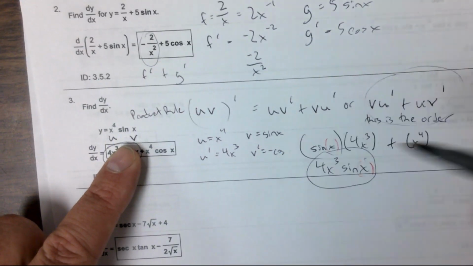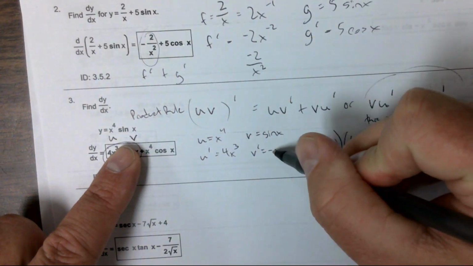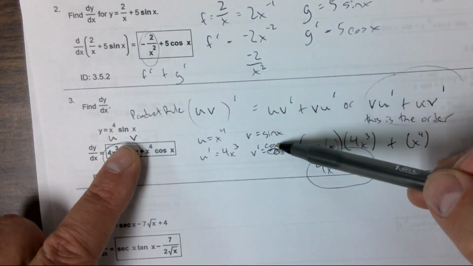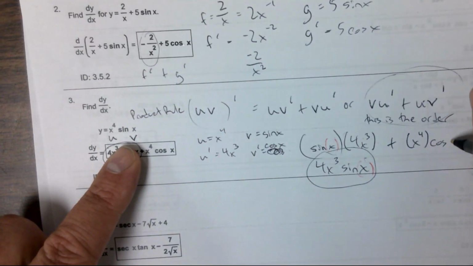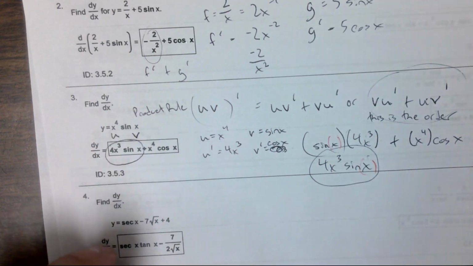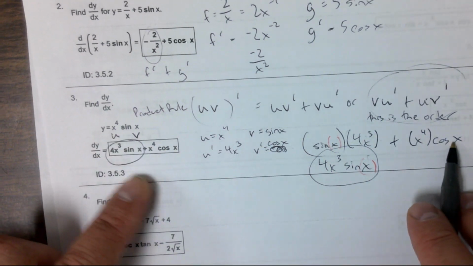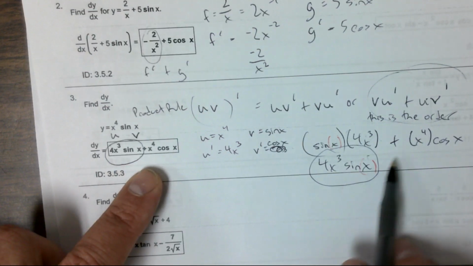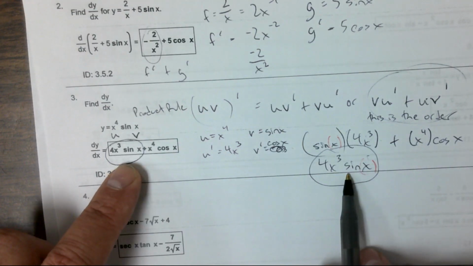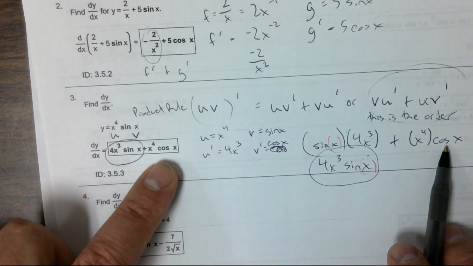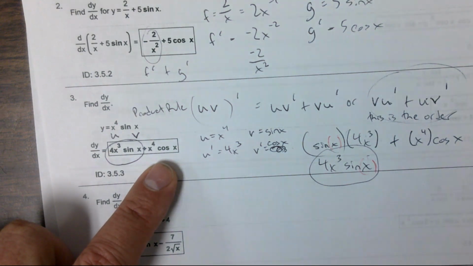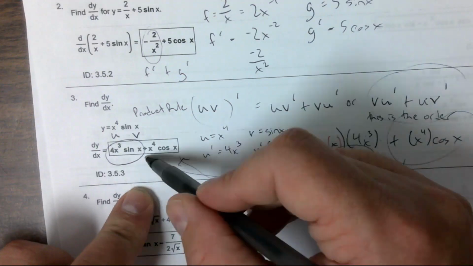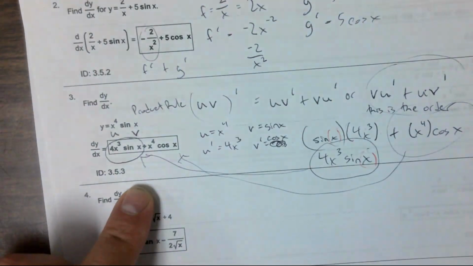Wait, derivative of sine is positive cosine x. And so that's cosine x. And so that's already in the proper order. So we have 4x cubed sine x for the front, and then plus x to the fourth cosine x. So this is your back. That's how it works.